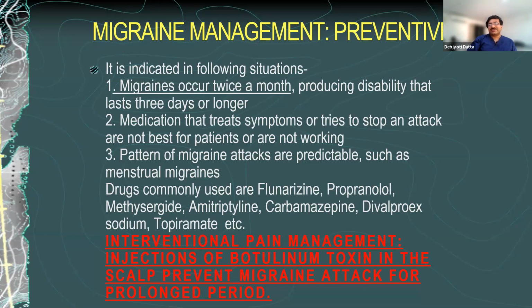So in those conditions, we ask the patient to maintain a headache diary. What is that headache diary? It is a very simple thing. Just write the date and rate your headache, or give marks to your headache. If it is massive or very severe, give it 10. If there is no headache on that day, give 0.